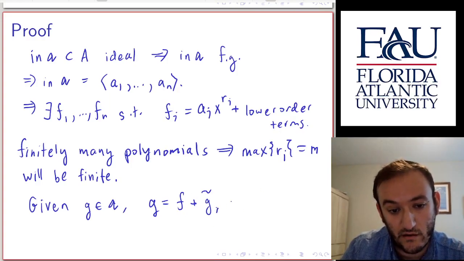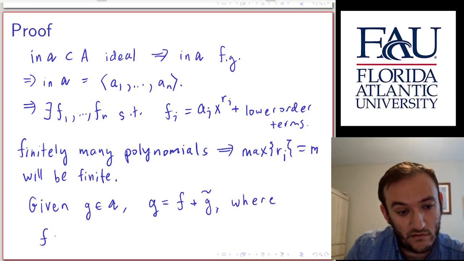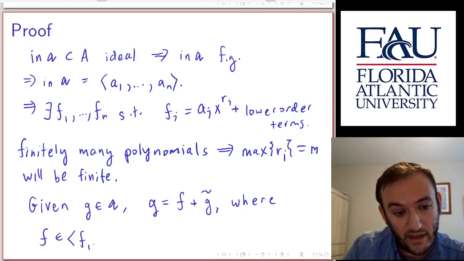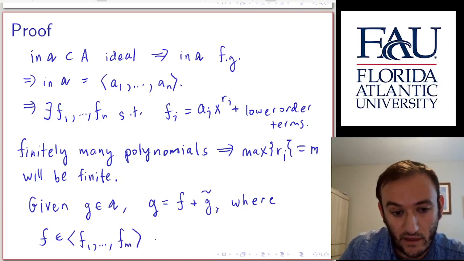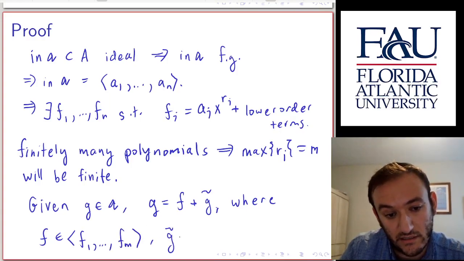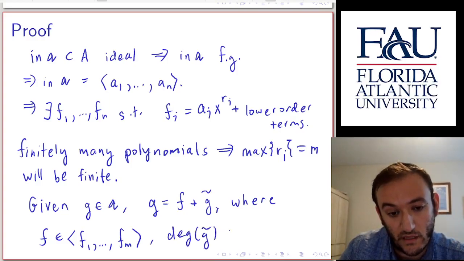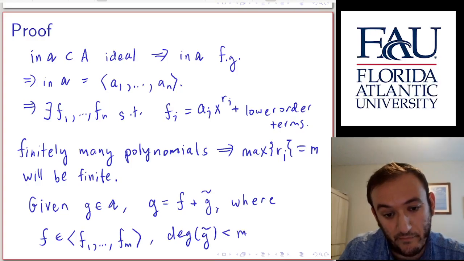So where f is in the ideal generated by f1 through fn, and the degree of g tilde is less than m.